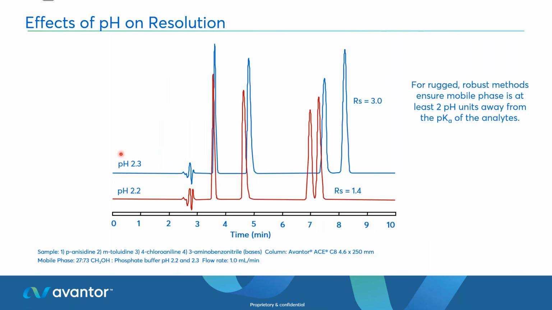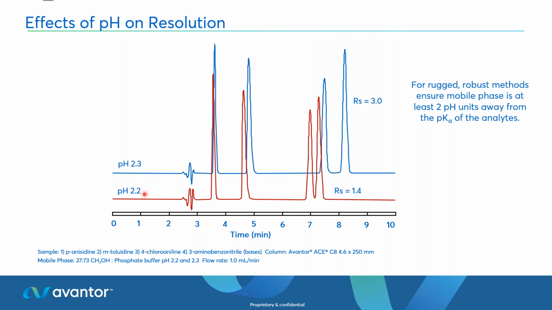Now, working near an analyte pKa can be pretty problematic, and you'll see this. You kind of know in your chromatography whether you are near an analyte pKa if you see these big differences when you have very small differences in pH. So here, got a pH 2.2 going to pH 2.3, and hand on heart, how well do we make up our buffers?